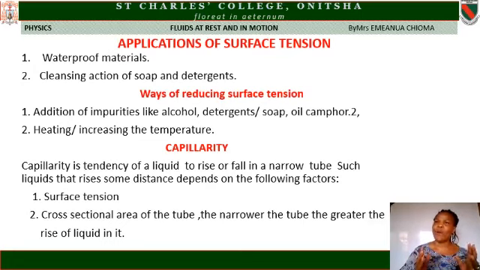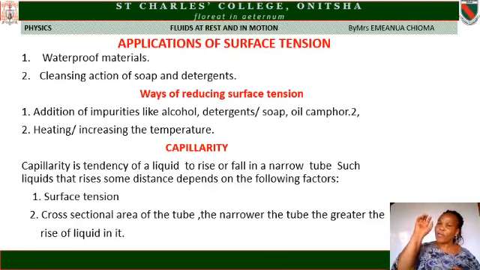These waterproof materials develop a surface film when water is falling on them. This surface film can only be broken when the body of the material is scratched with a finger.